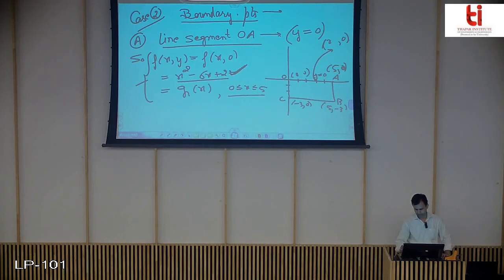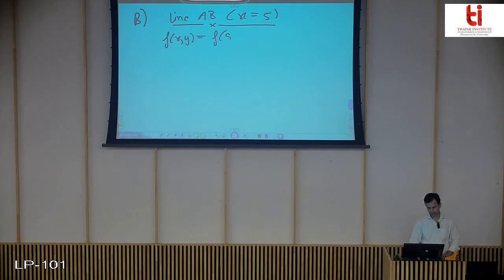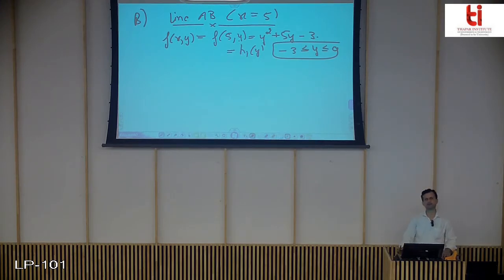You can see that here is AB, so its equation is x equals 5 because the point is (5,0). So f(5,y) reduces to y squared plus 5y minus 3, where y lies between minus 3 and 0. Let me denote this function by h1(y), again a function of y only, a single variable function.